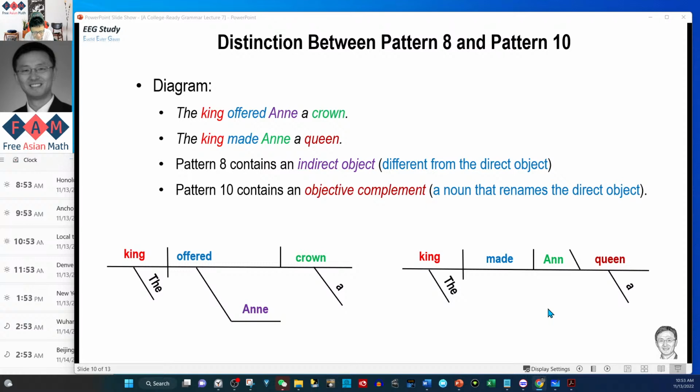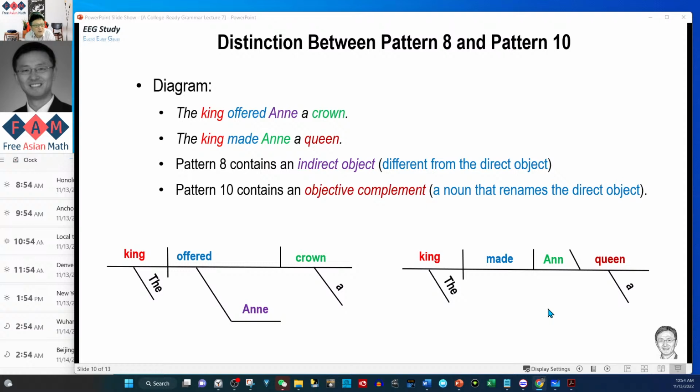First of all, if we say the king made himself a drink, what sentence is that? Is it number 8 or number 10? It's number 8, right? It cannot be number 10. King and drink, not made himself a drink. He converts himself to a drink. That would be ridiculous. So the king made the drink for himself.